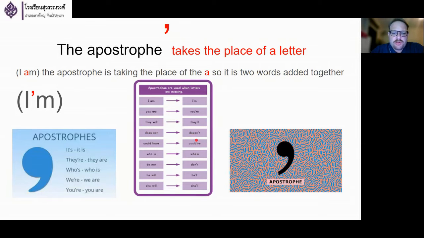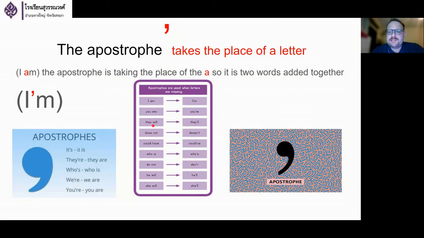So the R's, the nots, and the will, as in you will, they will, they'll. They will go to the party. This one has two L's, but they took out the W and the I. So they took out two letters out of the second word, they'll.